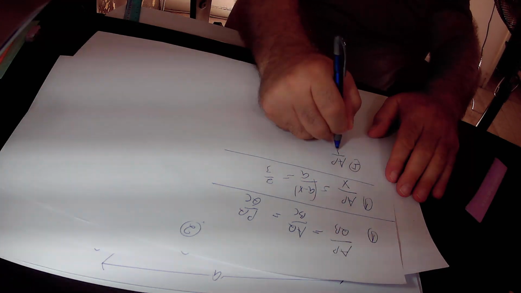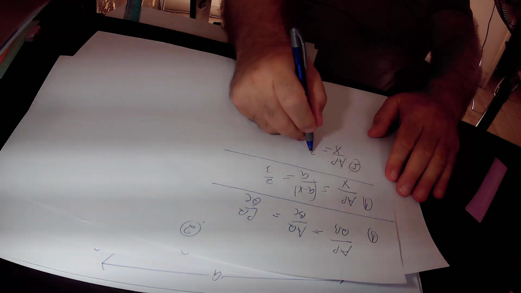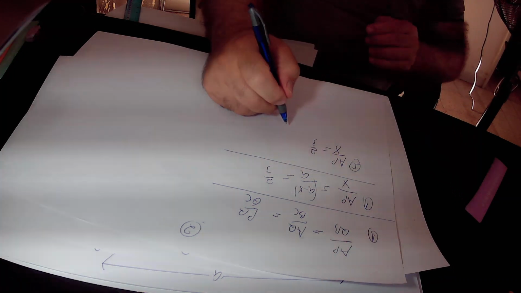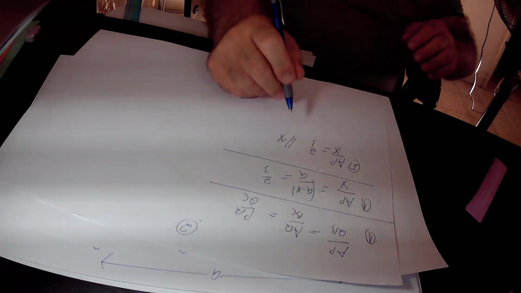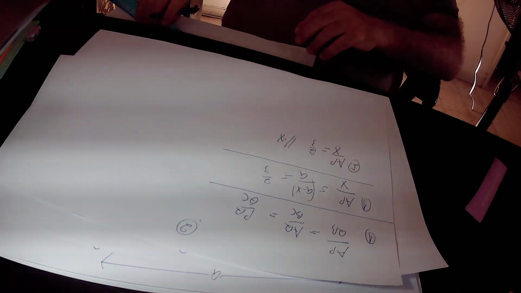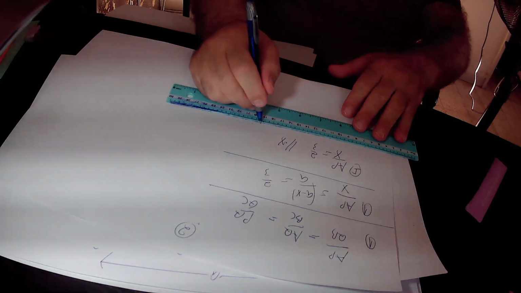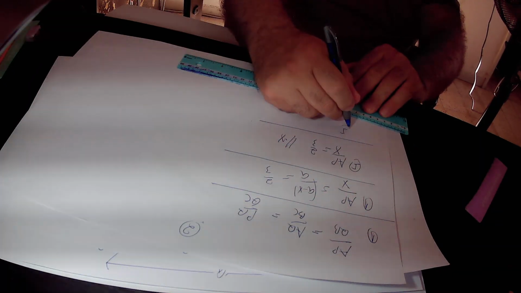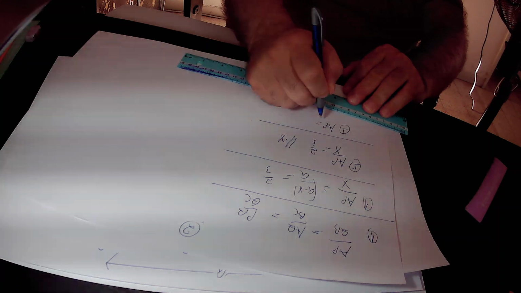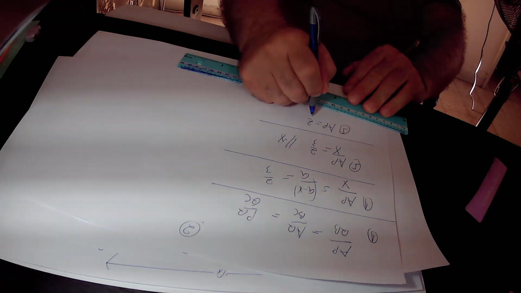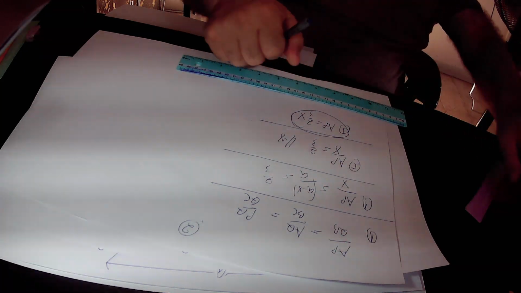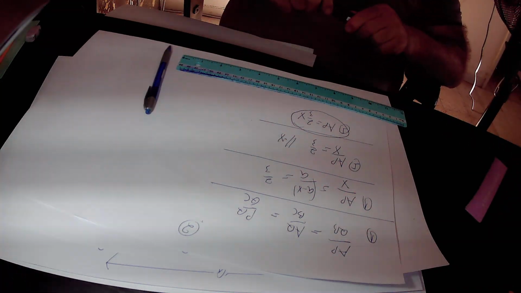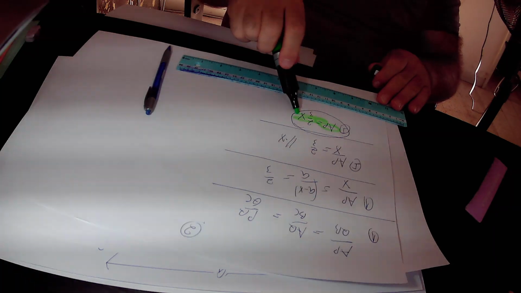Here we'll multiply this equation 1 by x, and finally we get that according to equation 1, AP equals 2/3 x.